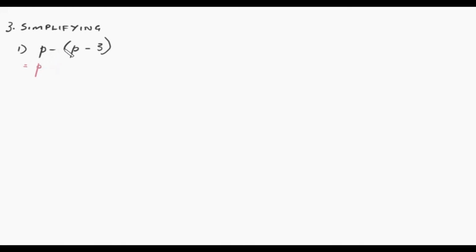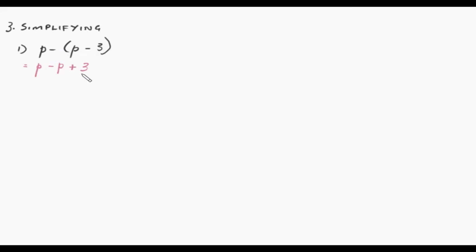When you remove this bracket, negative times p here is going to be negative p. This negative times negative 3 here is going to be positive 3. Be careful. Negative times this negative is positive.